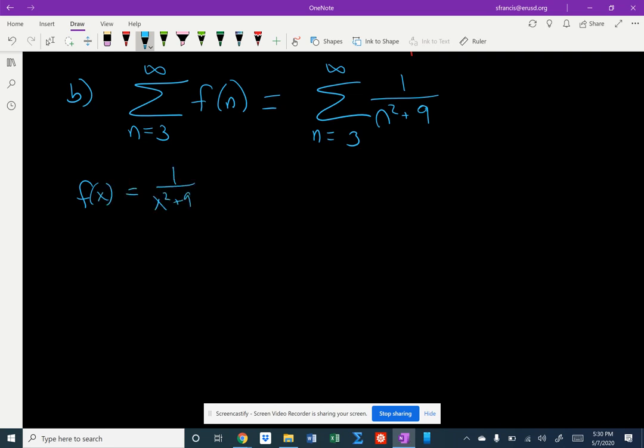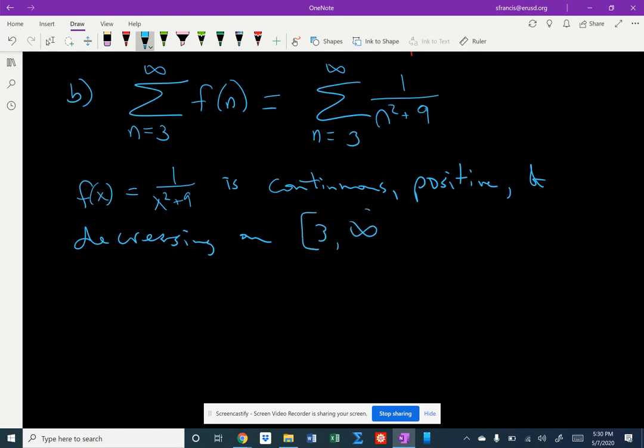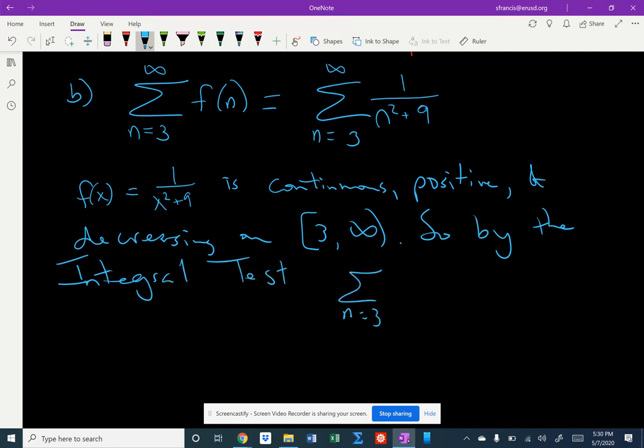So f of x is equal to 1 over x squared plus 9 is continuous, positive, and decreasing on the interval from 3 to infinity. So, by the integral test, the series from n equals 3 to infinity of 1 over n squared plus 9 converges.